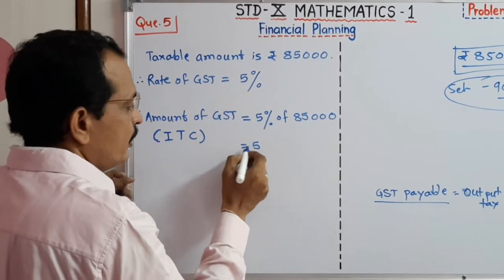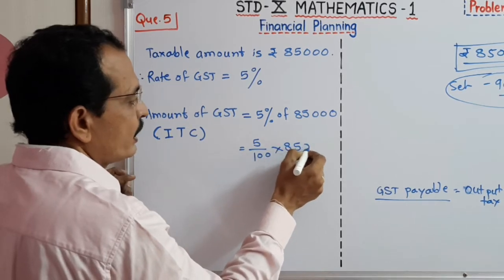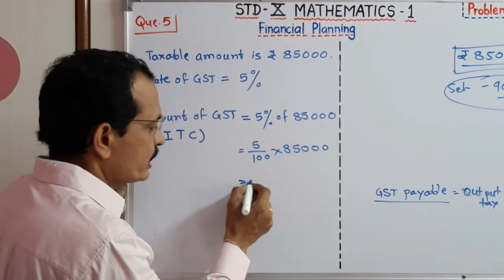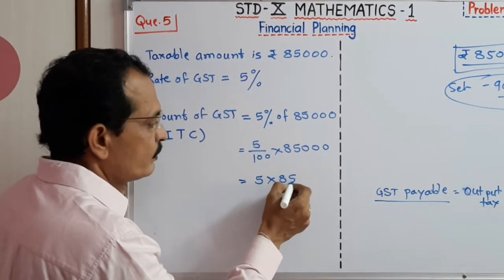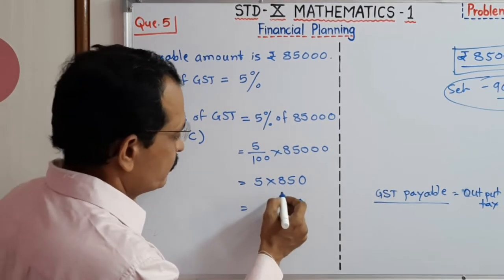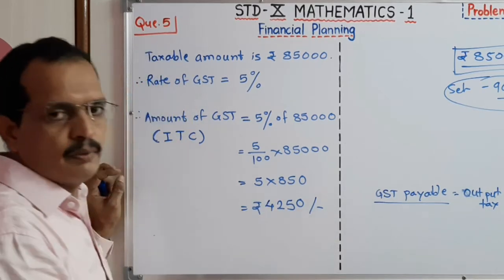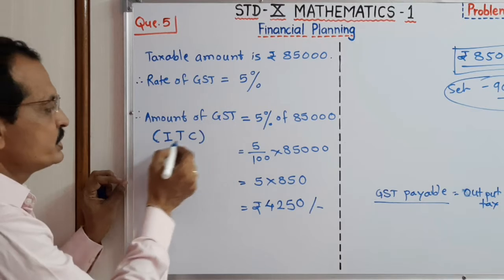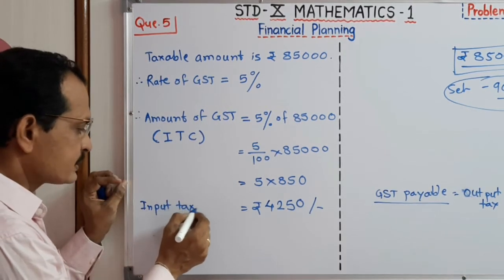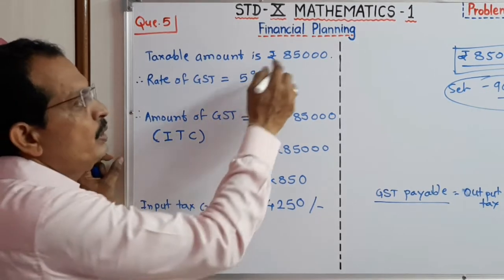Therefore 5 upon 100 into 85,000. Now see there, these two zeros get cancelled, it is 5 into 850, it is 4,250. It is amount of GST, that is input tax credit at the time of purchase.